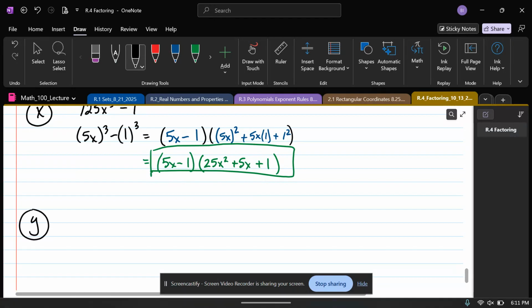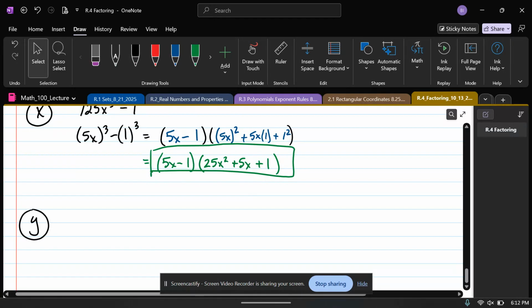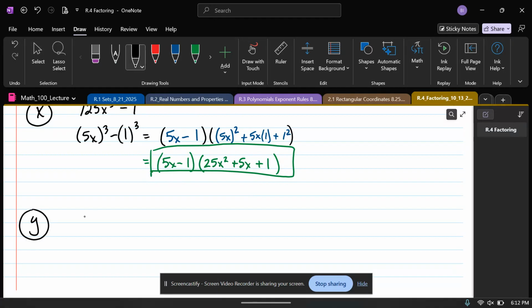Let's say we had 10x squared minus 80x plus 160. And the instructions say factor completely. So that kind of implies that there's going to be more to do than just one thing.